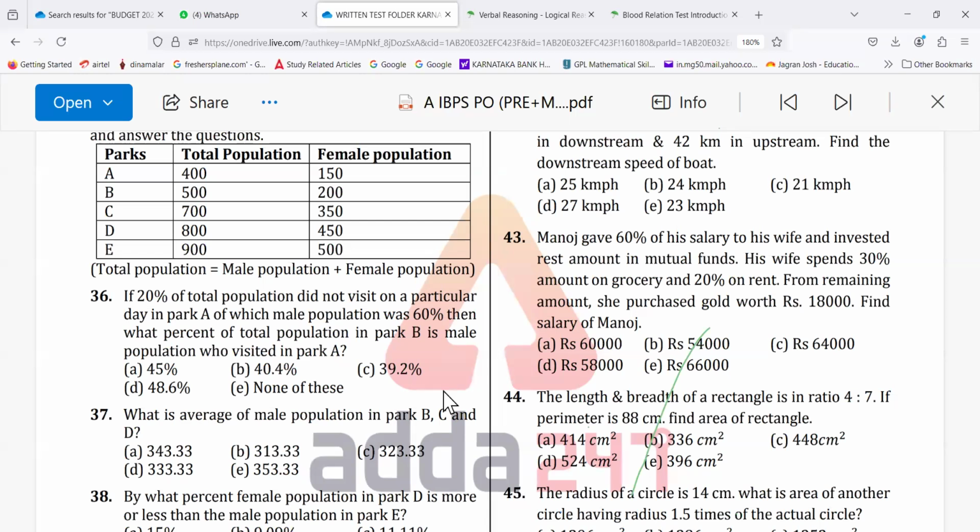What percentage of population may be 50% of total population did not visit on a particular day, of which male population was 60%.